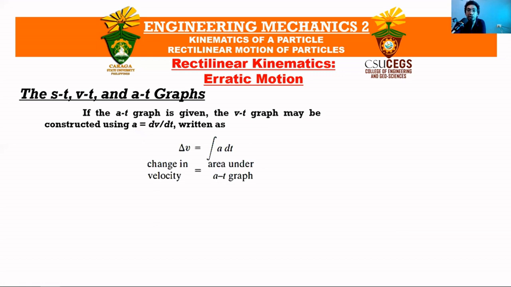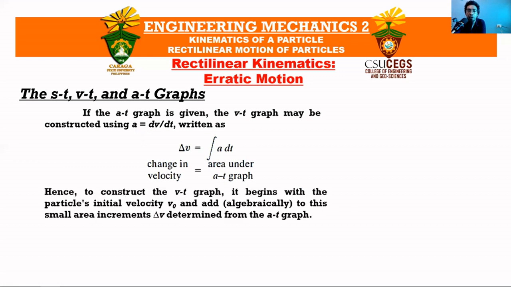So that is the change in velocity, which is equal to the area under the a-t graph. Hence, to construct the v-t graph, it begins with the particle's initial velocity, that is v0, and add algebraically to this small area increments delta v that is determined from the a-t graph.